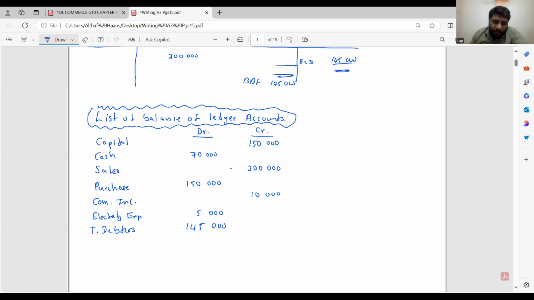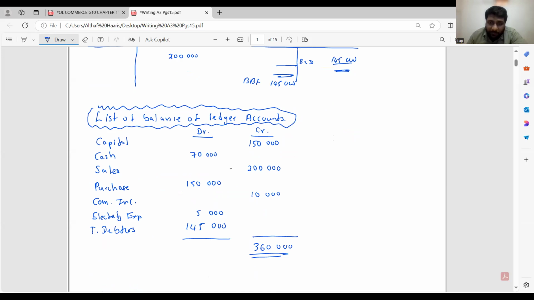So now let's take the total over here, the debit side and the credit side. We are getting a total of 360. Here 220 plus 150, 270.